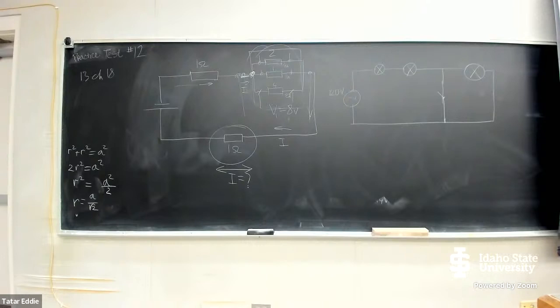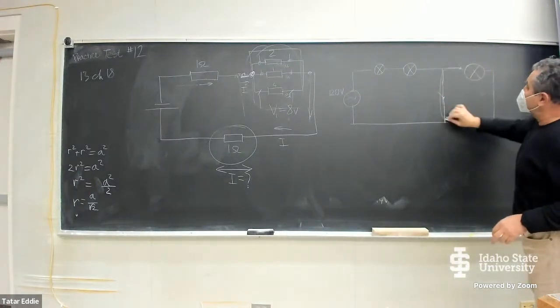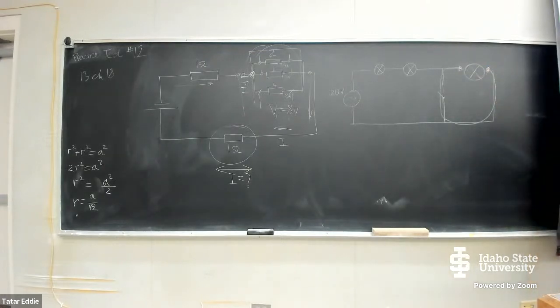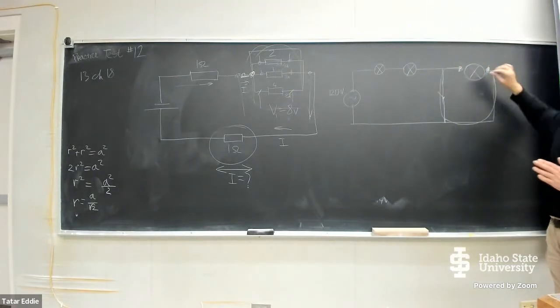No, there is 0 voltage across it because look, once you close the switch, this point is connected to this point, and therefore those 2 points are under the same voltage. No voltage difference between the two ends.